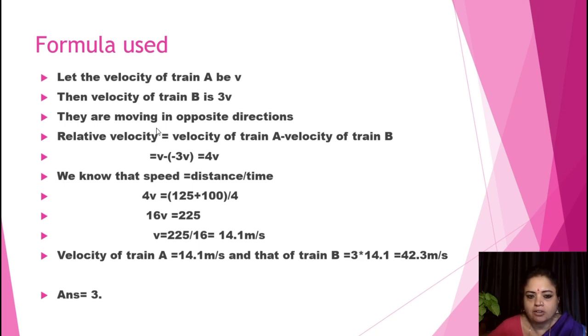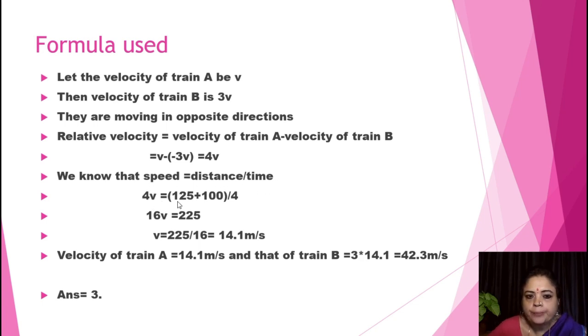Because they are moving in opposite directions, we take the velocity of train B as minus 3v, and when we subtract v minus of 3v, that becomes plus v plus 3v, that is 4v. That is the relative velocity.